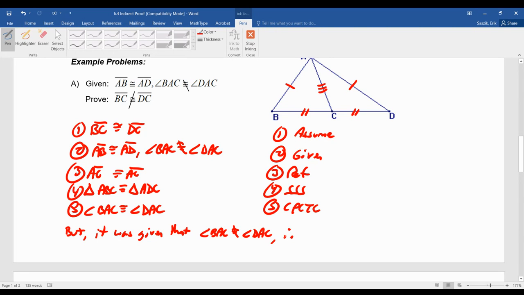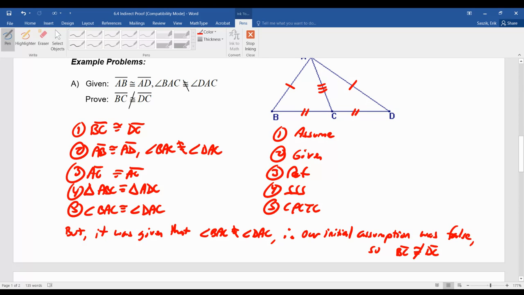Therefore, by the way, these 3 dots mean therefore, our initial assumption was false. So BC must not be congruent to DC.